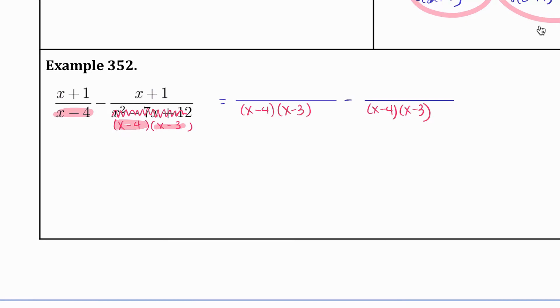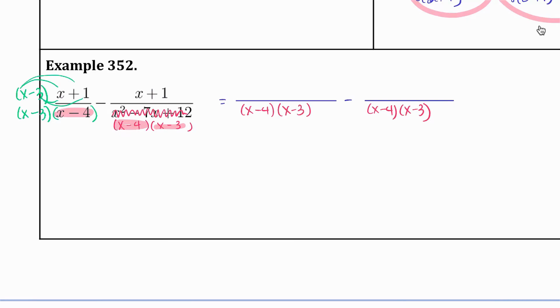So now what we're going to do is say, okay, we're going to check each fraction and say, what do we need to multiply this by to make it from what it is originally to our common denominator? Well, this one already has an x minus 4, so I'm going to multiply it by what's missing, an x minus 3. Do the same thing on top. And I'm going to go ahead and distribute this out.